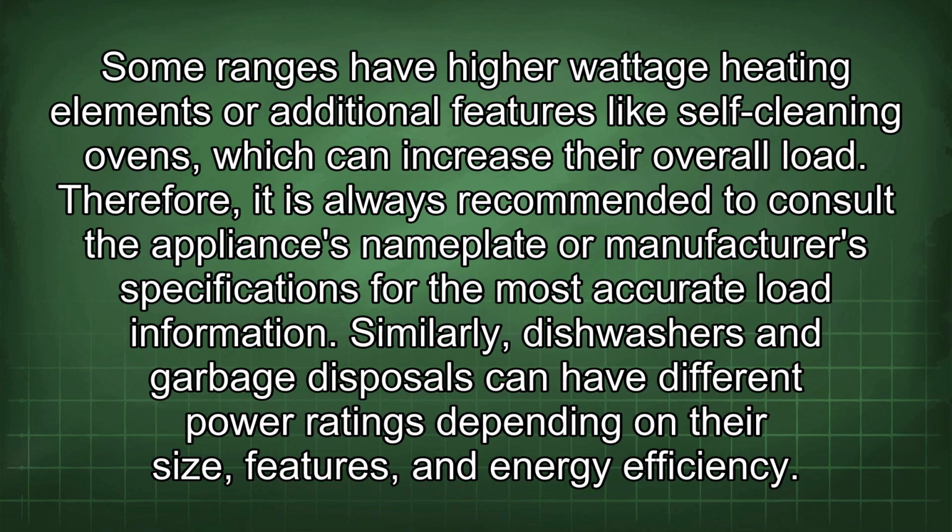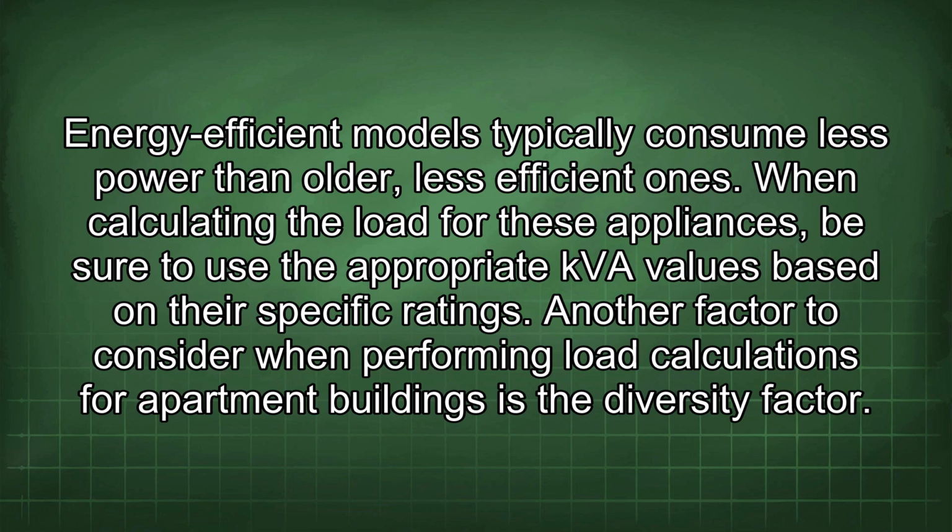Similarly, dishwashers and garbage disposals can have different power ratings depending on their size, features, and energy efficiency. Energy-efficient models typically consume less power than older, less efficient ones. When calculating the load for these appliances, be sure to use the appropriate kVA values based on their specific ratings.